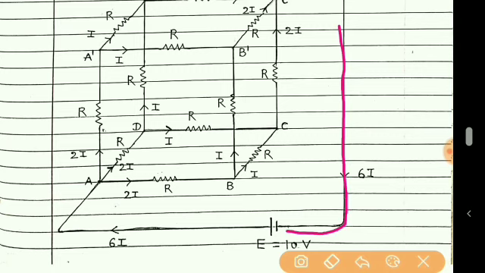Now there is a battery. And which terminal is coming first? Negative. So if we are writing on the right hand side of equal to sign, then we will put minus sign. Or if we are writing in the same side, then negative to positive, so we have to write plus.